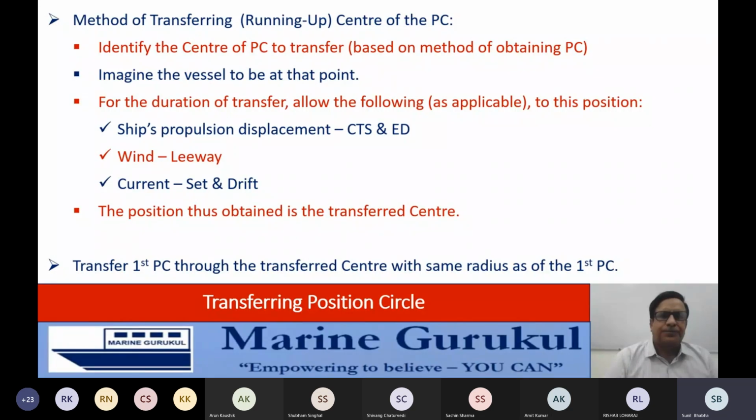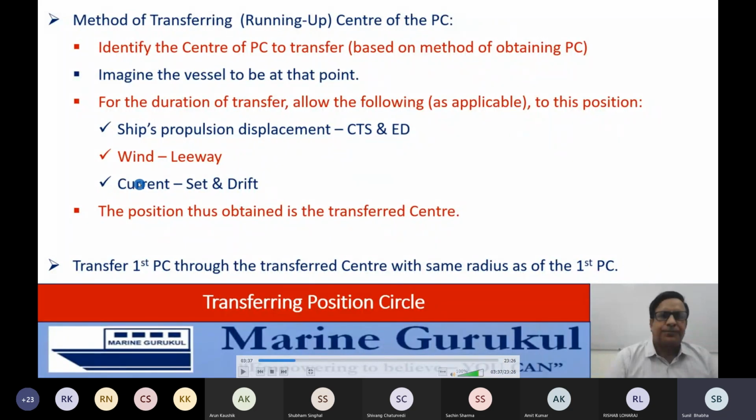So you can see here, beta, the procedure is exactly the same as we followed with a PL, with the only difference that on a PL, the point A was any hypothetical arbitrary point of our choice. But in case of a position circle, the point always has to be the center of the position circle.